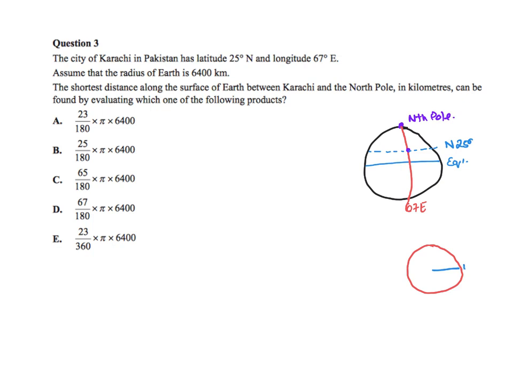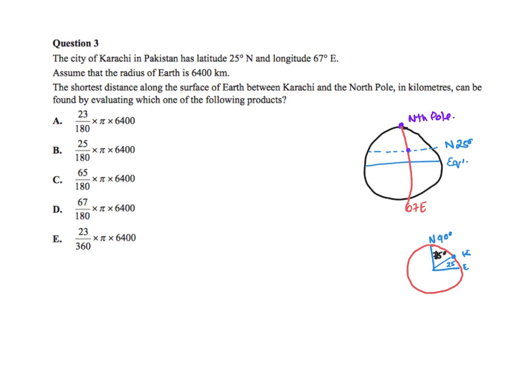So you're actually on this big red circle. You've got the equator there, Karachi up here at 25 degrees, and then the North Pole up here at 90 degrees. So in here must be 65 degrees.